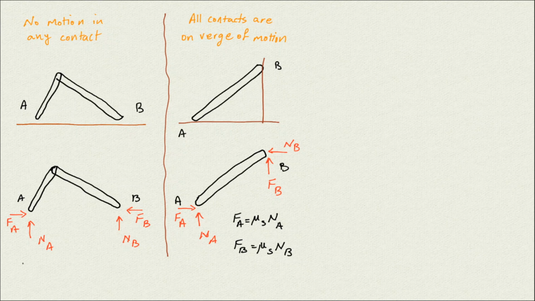In the previous case, FA is smaller than or equal to Fs, and the same for FB, because it's not on the verge of motion. But in this case they are equal, because both of them are on the verge of motion at the same time.